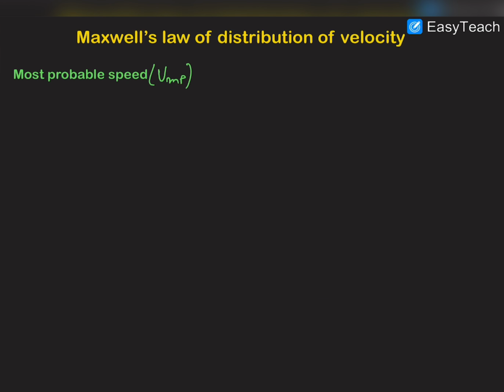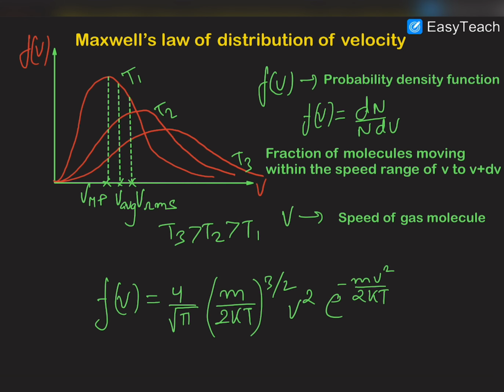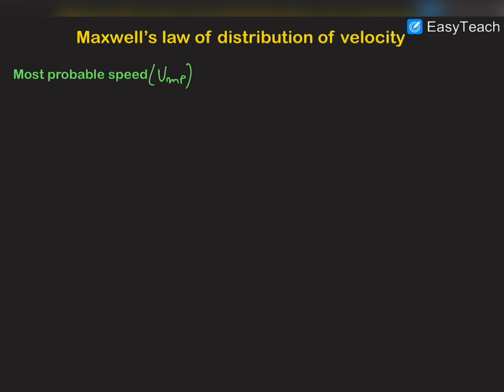Now let us talk about the most probable speed, VMP. We already have studied the formula of most probable speed, and you can see that most probable speed is the least speed among these three speeds.